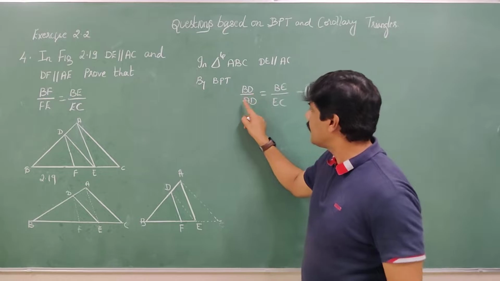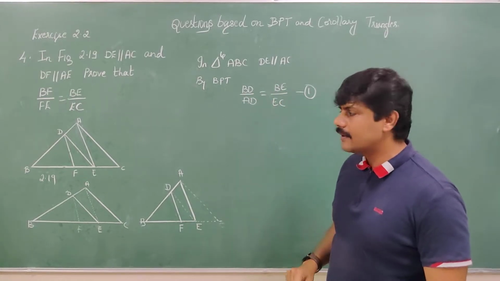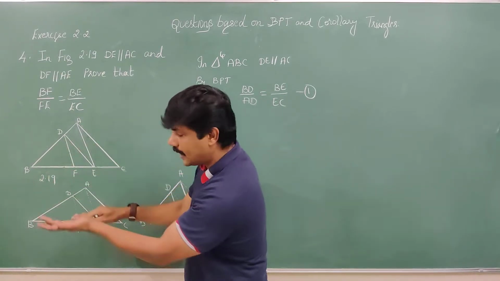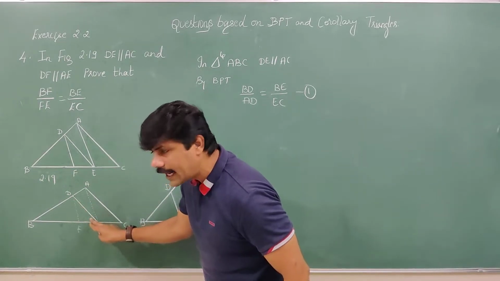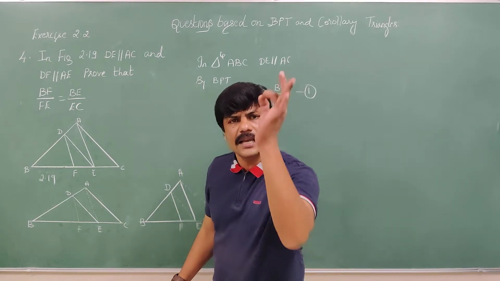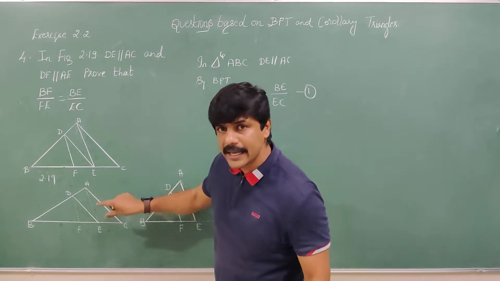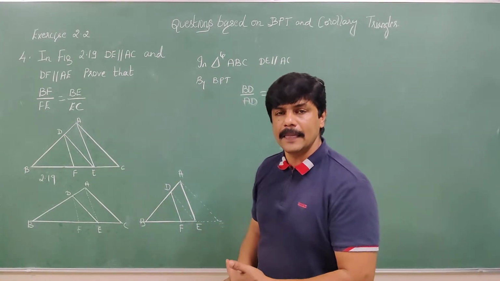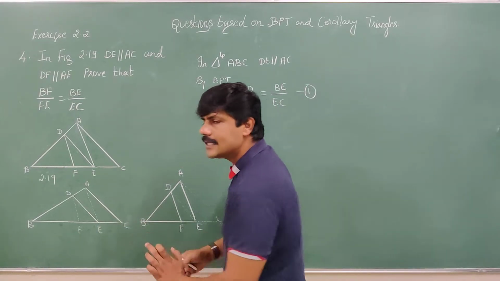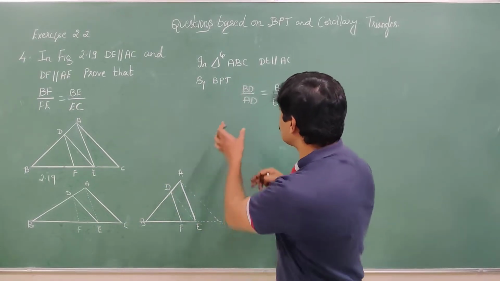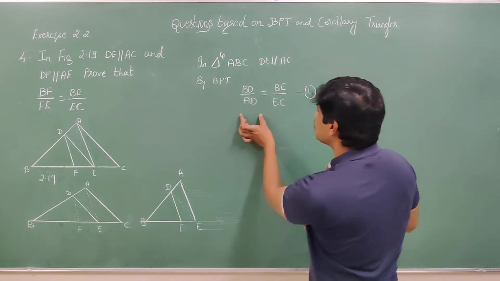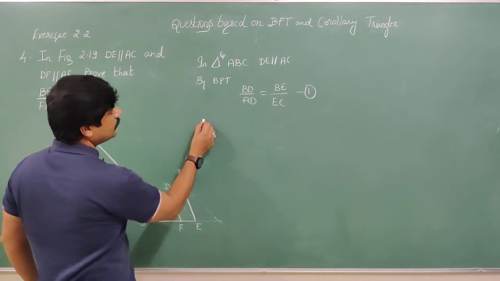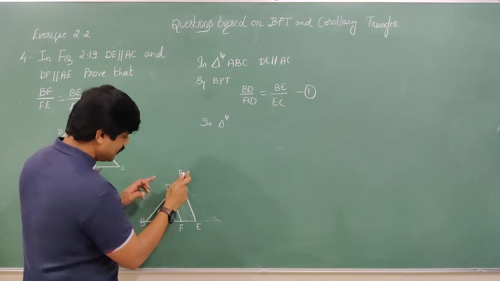Understood? I have taken BD by AD is equal to BE by EC from triangle ABC, where DE is parallel to AC. When DE is parallel to AC, automatically BPT applies, so the other two sides are divided in the same ratio. Now consider triangle ABE.